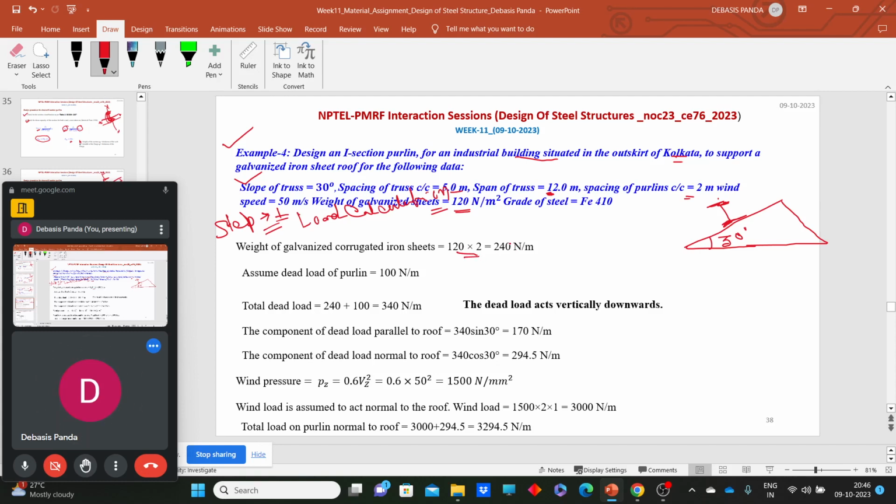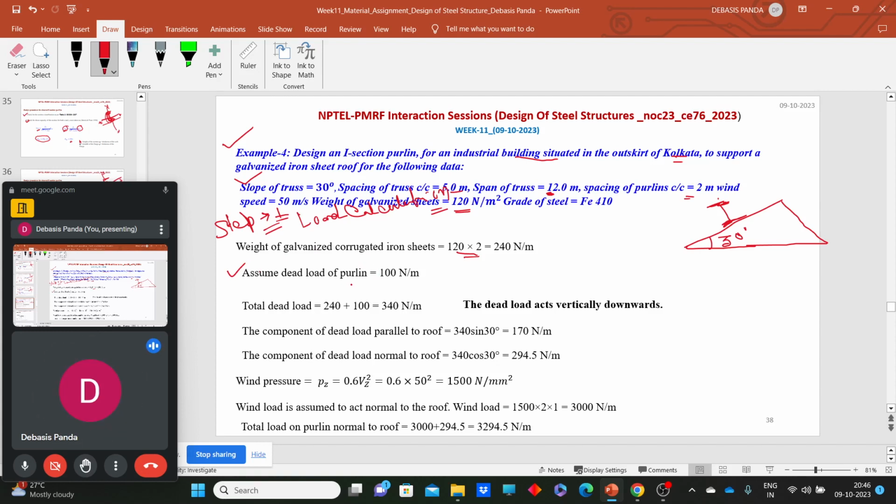Now the dead load of the purlin is not given, and we also don't know which kind of section we are going to design. If we know the section, then we can calculate the weight of the section subsequently. But here, for the design purpose, let's assume the dead load of the purlin is 100 Newton per meter.